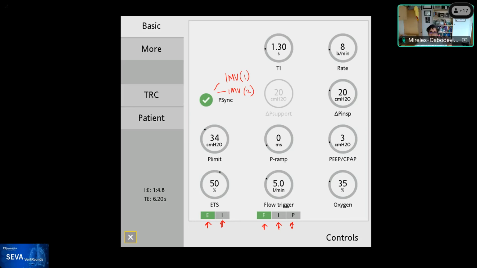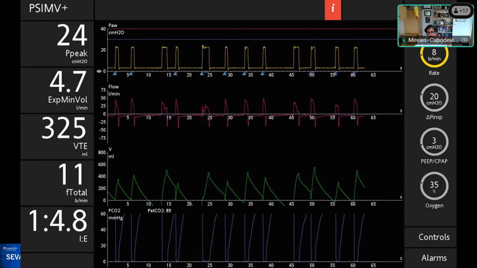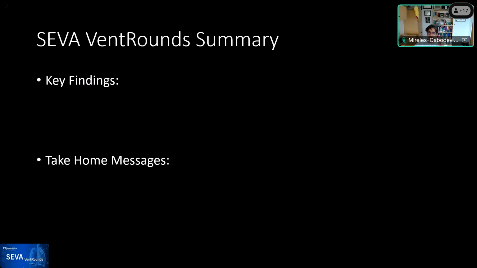So there you go. Buttons matter, and you need to master them on your ventilator. That's one of the key points that I would make. I'm looking to see if there are any questions or comments in the audience, if you want to unmute and ask. But buttons do matter. And we described and saw the difference for this patient between IMV type 1 and type 2.